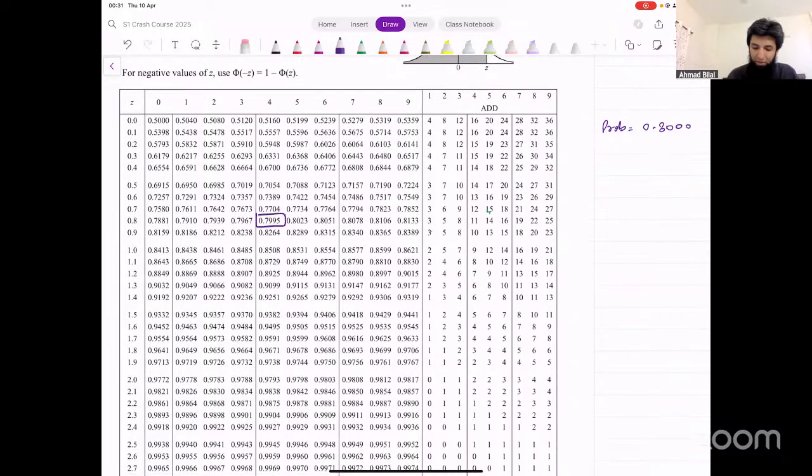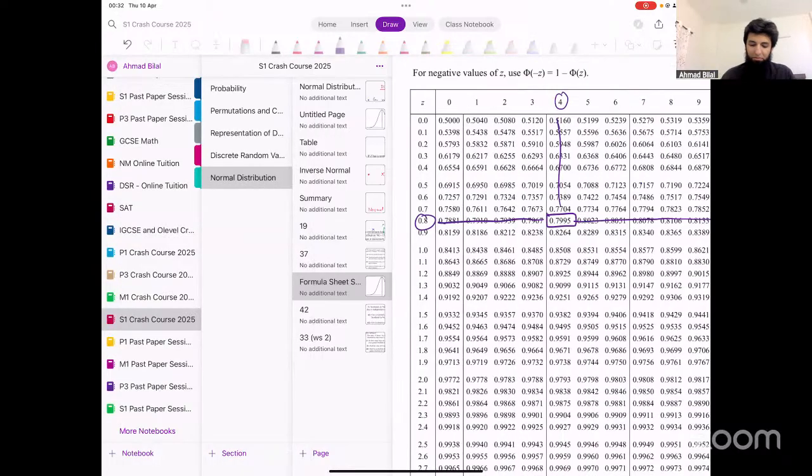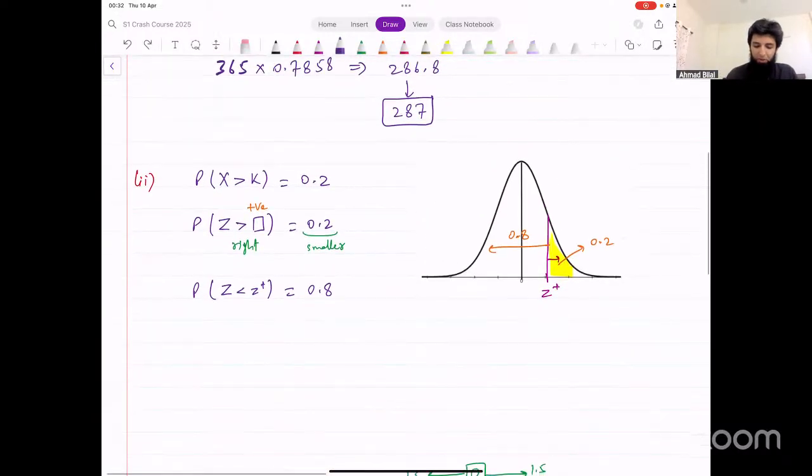This is the number that we see, the smaller number than 0.8. 0.84, that's the z value. But then how much more do we have to add at the end? We have to add 5 more. So we have 0.842, that's the z value that we've got.